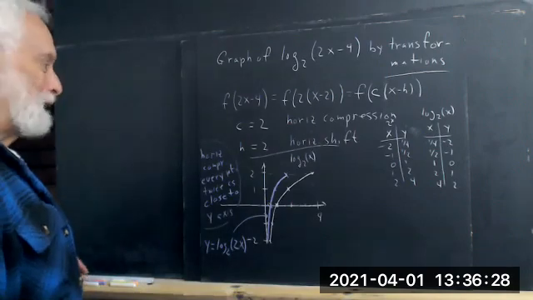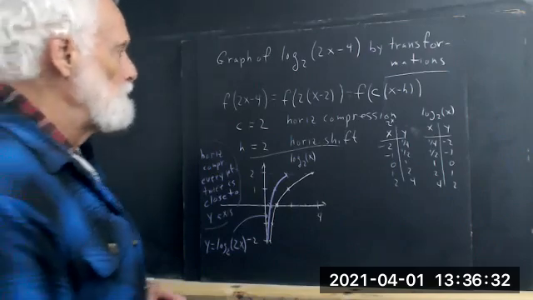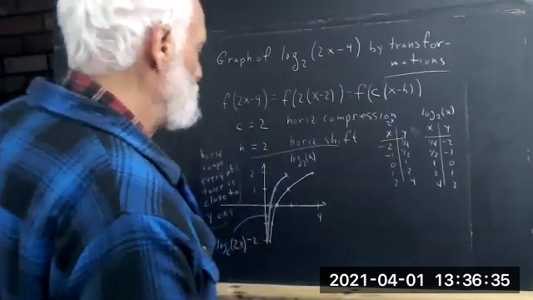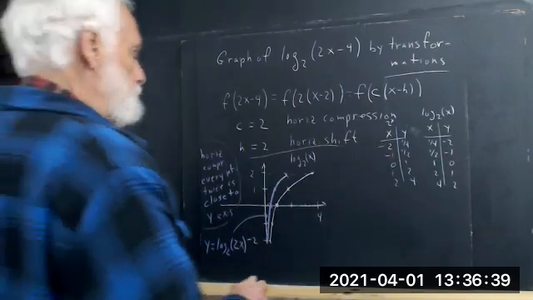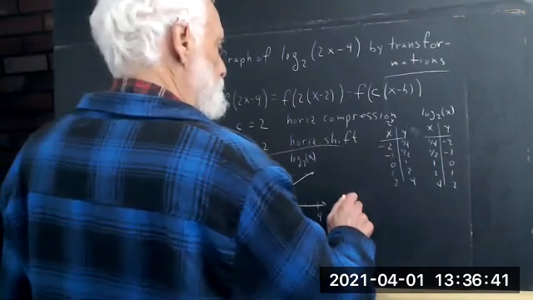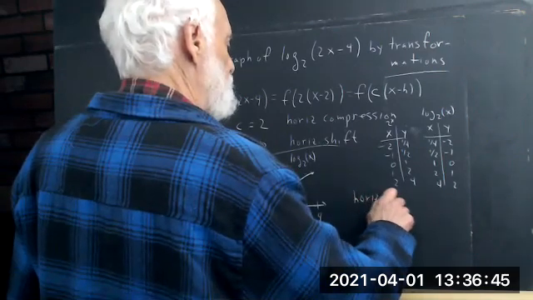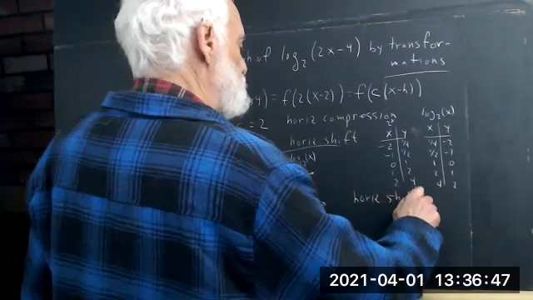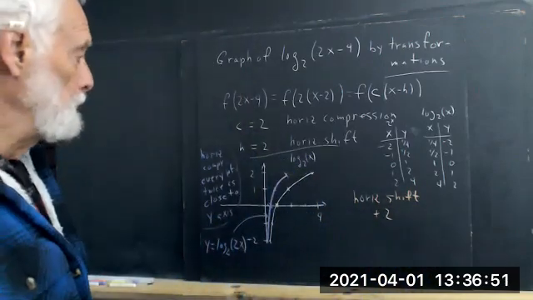Okay. Now we're going to do the horizontal shift. So we got a horizontal shift of 2 units. So now we need horizontal shift plus 2.